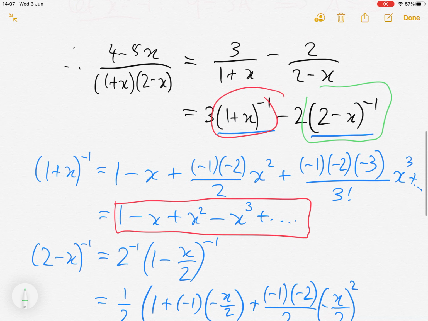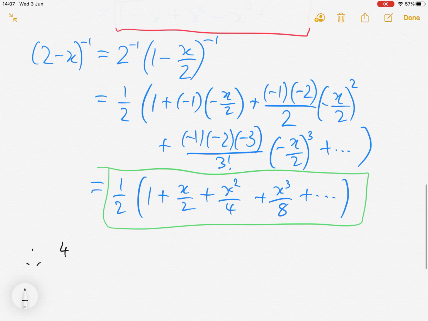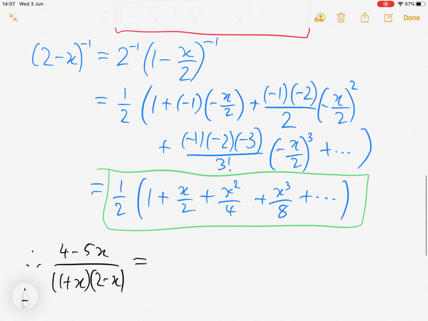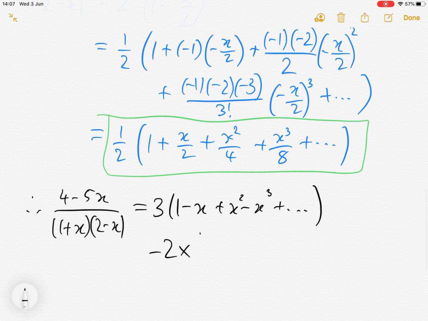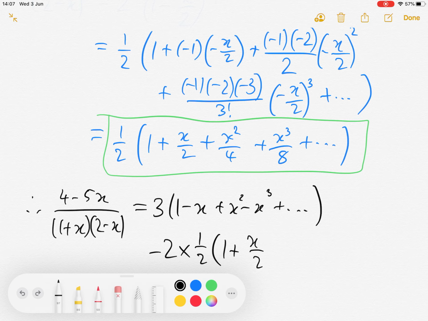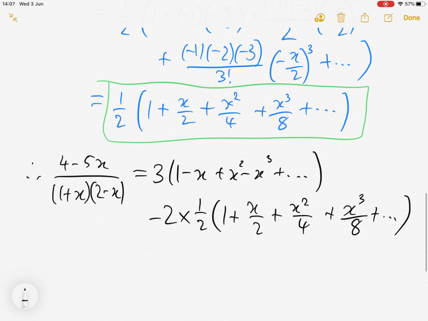Okay, so we're going to get 4 minus 5x over 1 plus x, 2 minus x is 3 lots of this red box. So that's 3 lots of 1 minus x plus x squared minus x cubed. And then minus 2 times the green box, a half times 1 plus x over 2 plus x squared over 4 plus x cubed over 8, and so on.